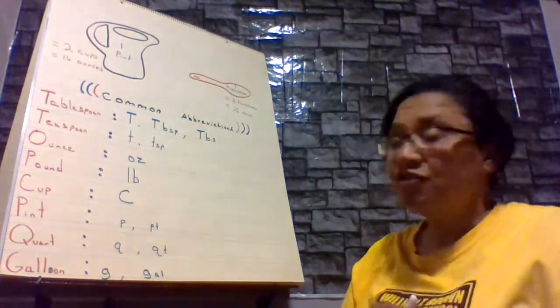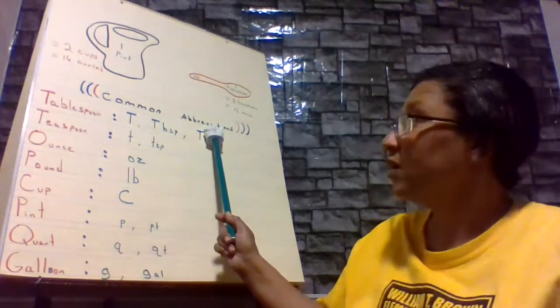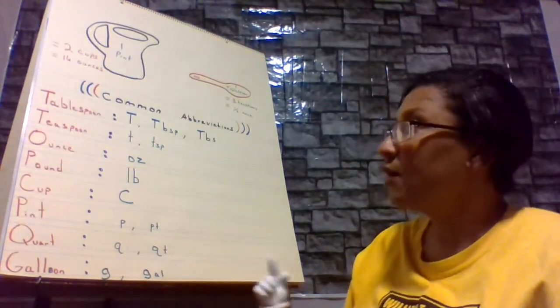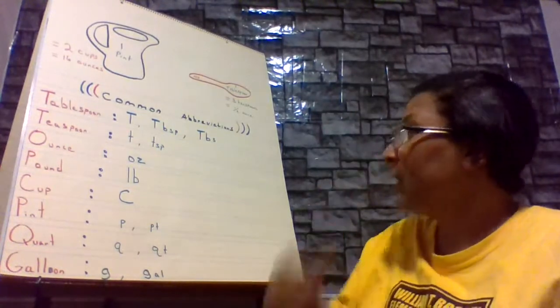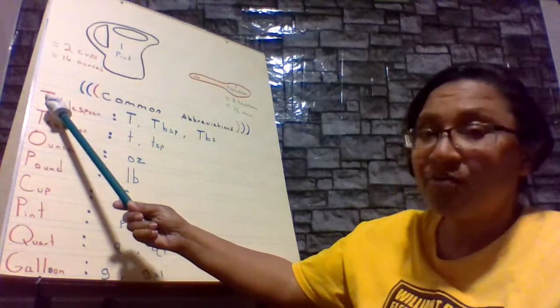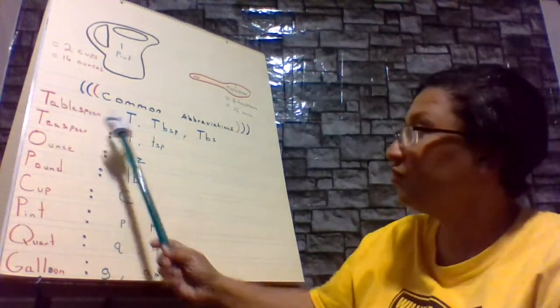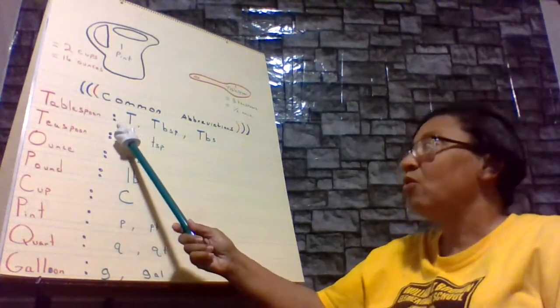Now, let's go ahead and label common abbreviations. This is what this lesson is going to be called, common abbreviations. And we're going to start with tablespoon. So it will be a capital T, tablespoon, compound word for your young person. You're going to go ahead and do the colons.